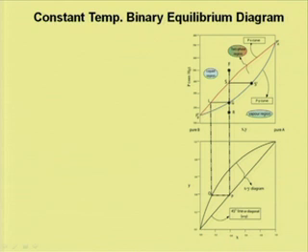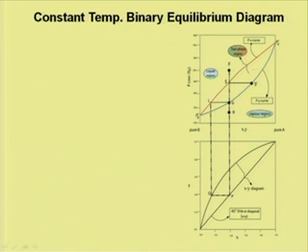The typical plot is shown over here, where the y axis represents P in millimeters Hg and x is the mole fraction of the more volatile component, x and y. The horizontal line LG represents the tie line. The terminal points L and G are the liquid and vapor phase concentrations of the more volatile component at equilibrium.